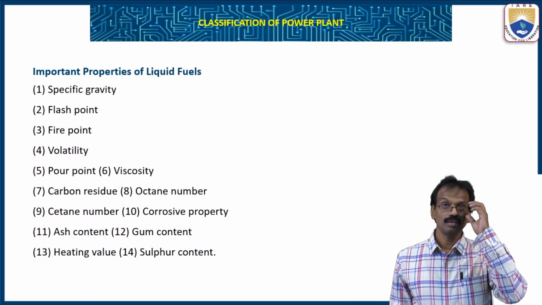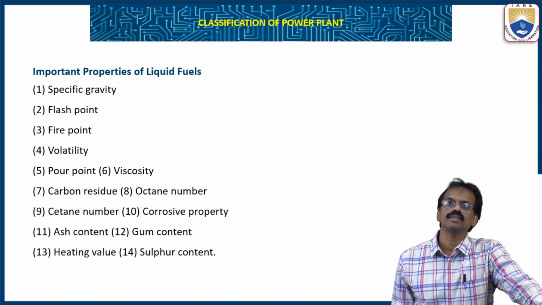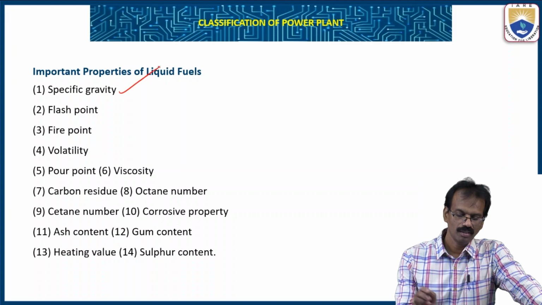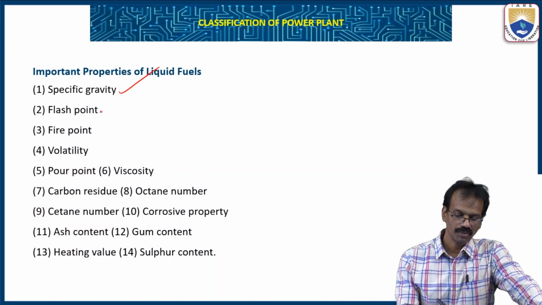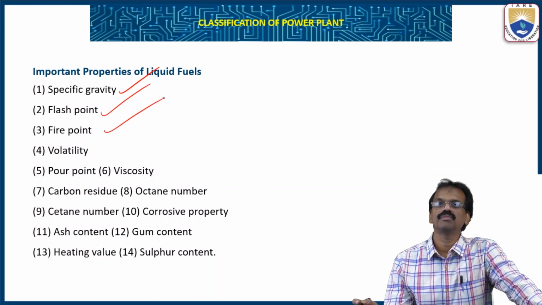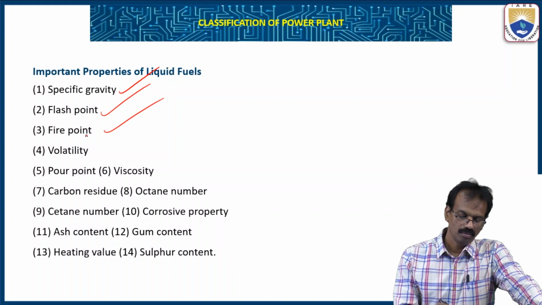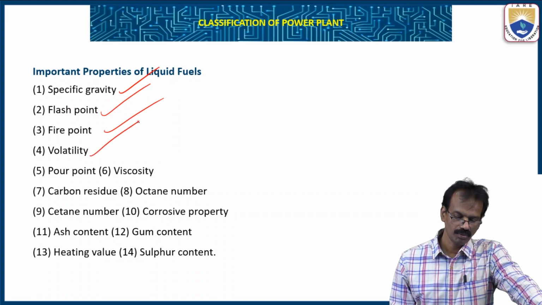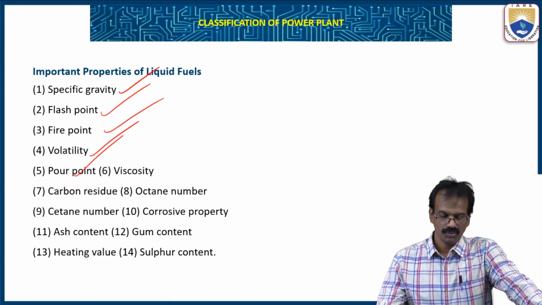Now see the important properties of the liquid fuels. It has good specific gravity. Next, flash point is very high, and fire point is also very high. Volatility is very good, and pour point is also high.